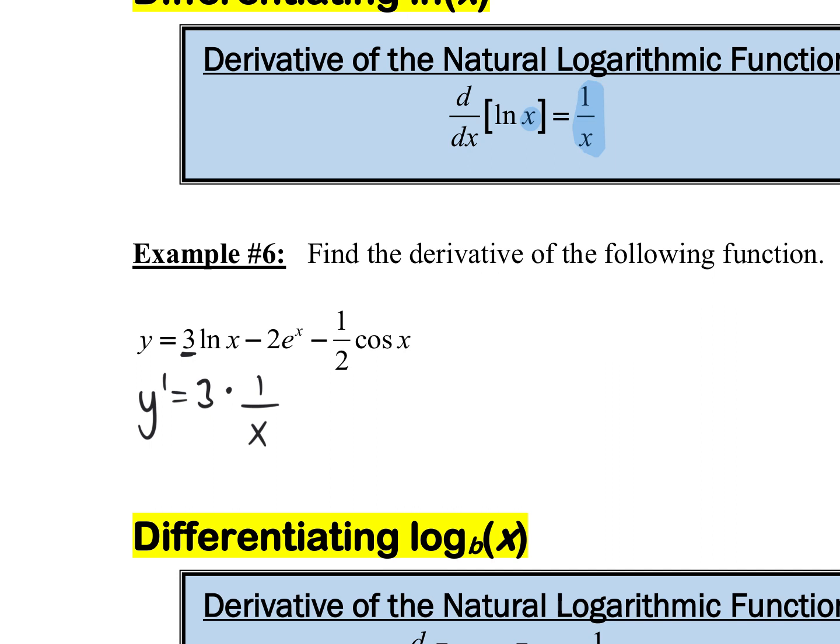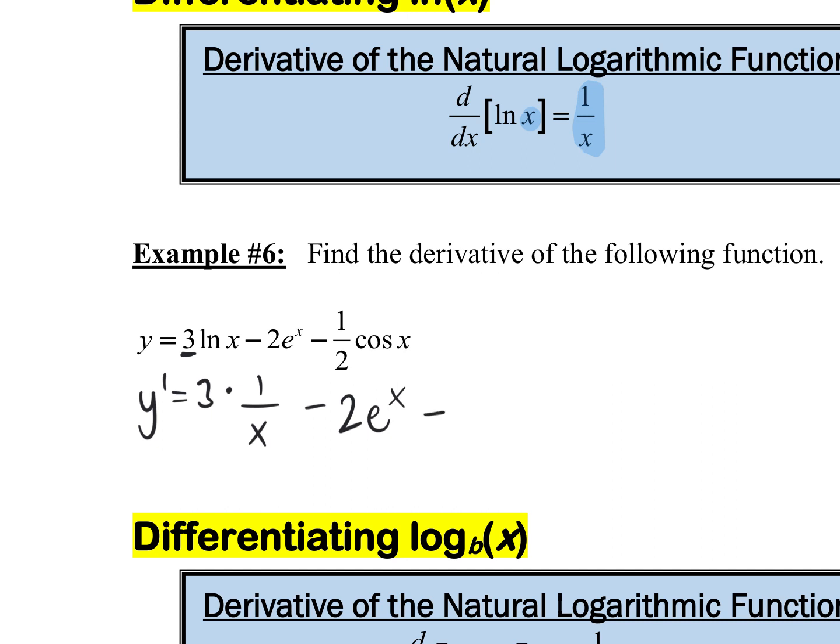And then what do I get if I take the derivative of negative 2e to the x? Negative 2e to the x. And my derivative of negative 1/2 cosine of x, derivative of cosine is negative sine.